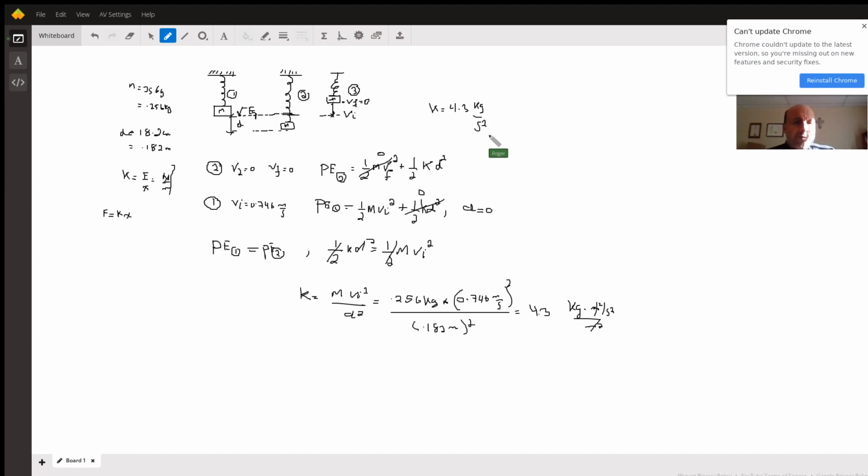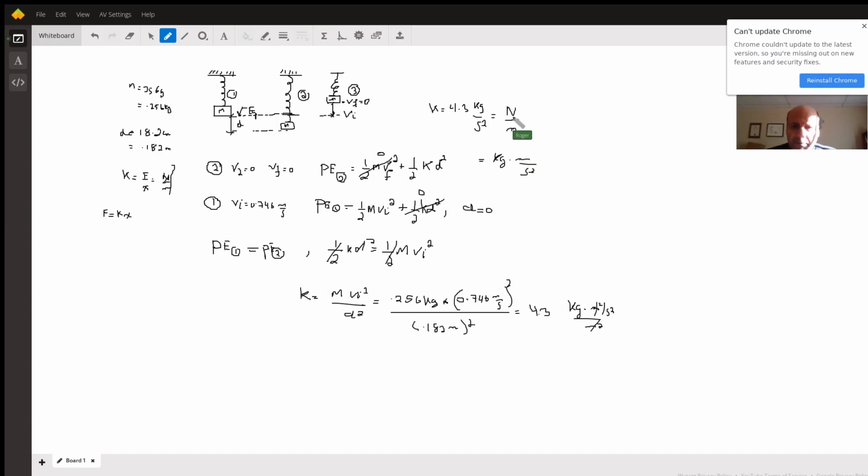And then we ask ourselves, well, how is that going to be Newton per meter? We're going to remember something here: what is the Newton? K should be in Newton per meter. So does kilogram per second squared equal Newton per meter? Well, let's resolve Newton per meter. Newton is kilogram meter per second squared, coming from mass times acceleration.